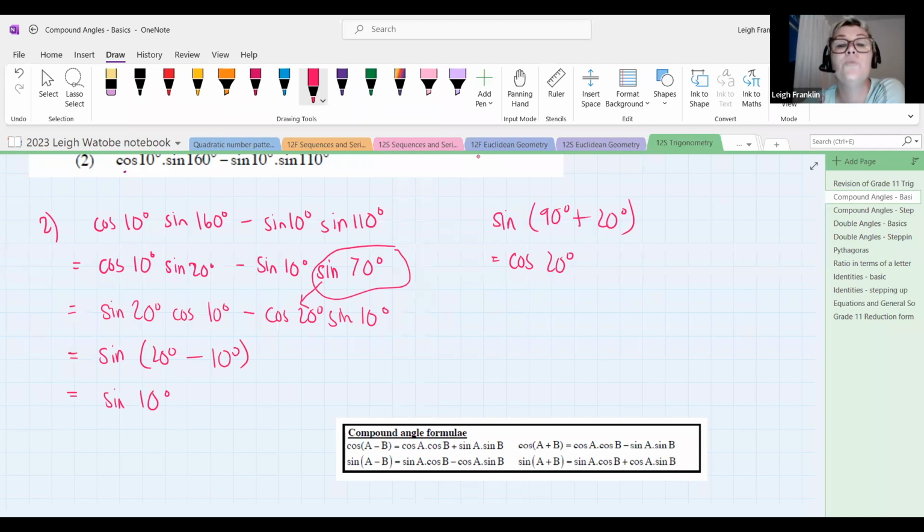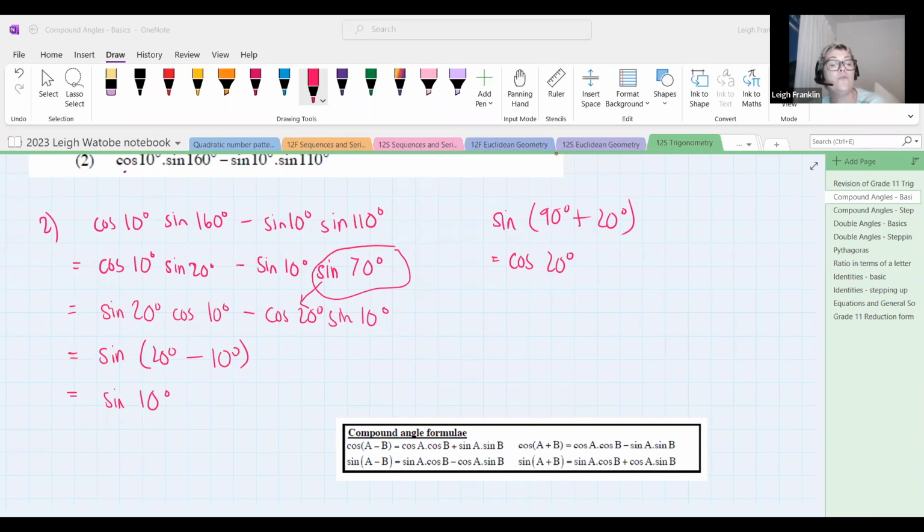Ria, did you want to ask a question? Yes, ma'am. I wanted to ask, how do you know? You see number 2, it was cos 10 sine 20, but then you changed them around to sine 20 cos 10. How did you know to do that?